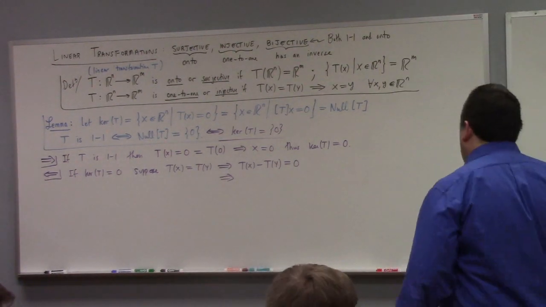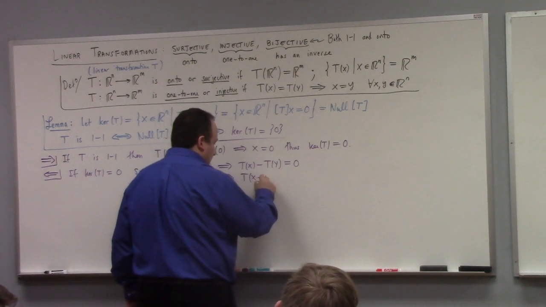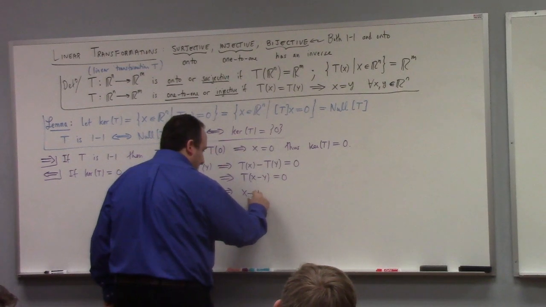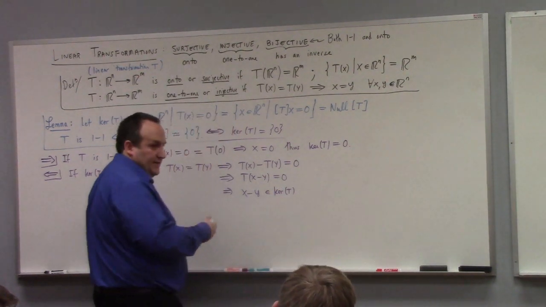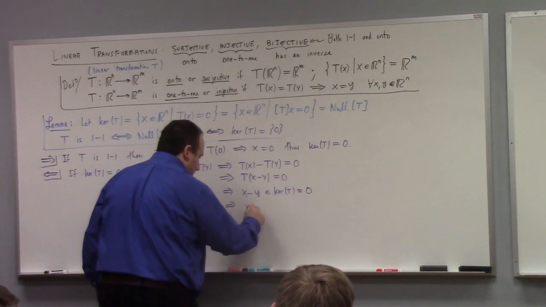You got it. But if T of x minus y is equal to 0, this means that x minus y, by definition, is an element of the kernel. But the kernel of T is equal to 0 by assumption here, so that implies x is equal to y.